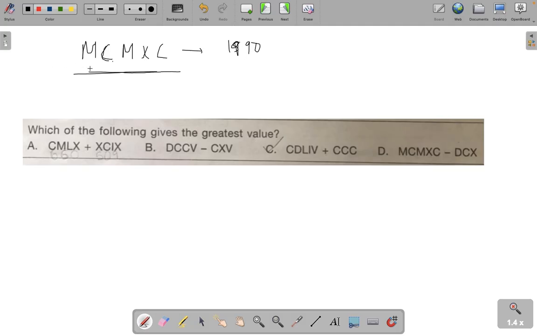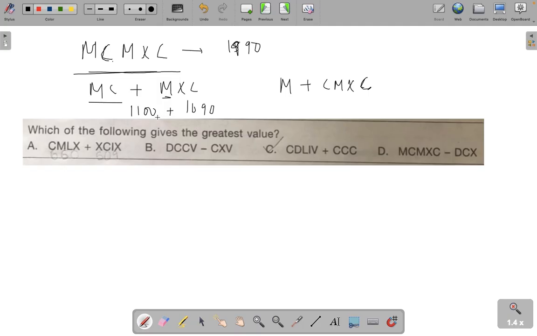See, there can be two possibilities. You can either write it as MC plus MXC, or you can write this as M plus CMXC. Both ways you'll get a different answer. Which one is correct? If you go by the first one, this will give you 1100, and this will give you 1000 plus 90, so 1090.